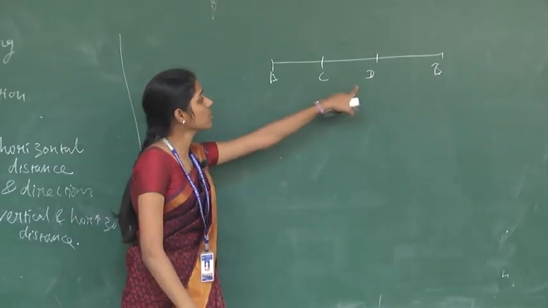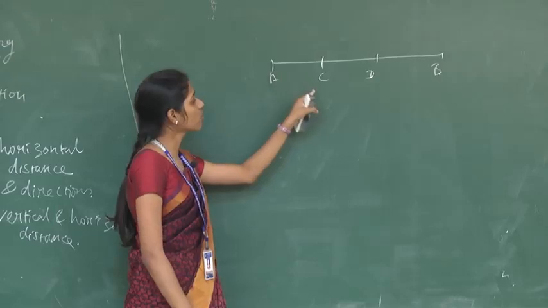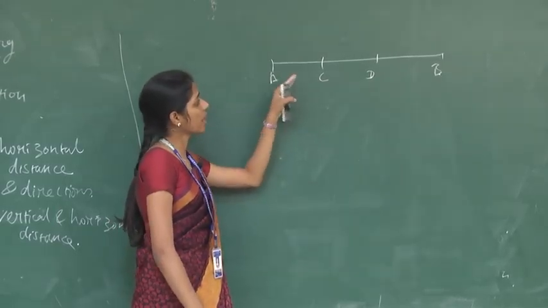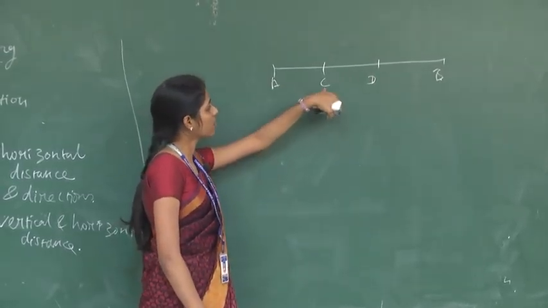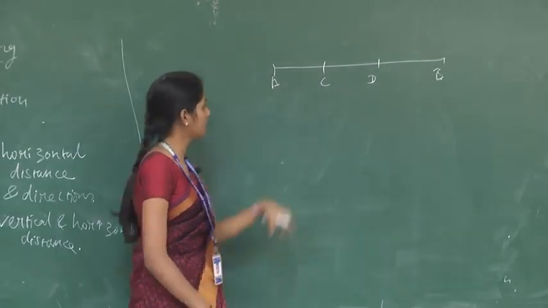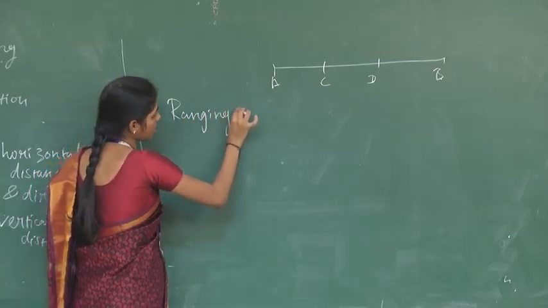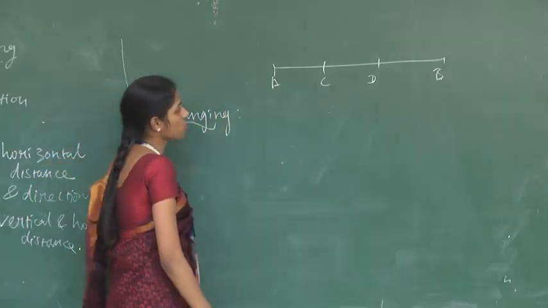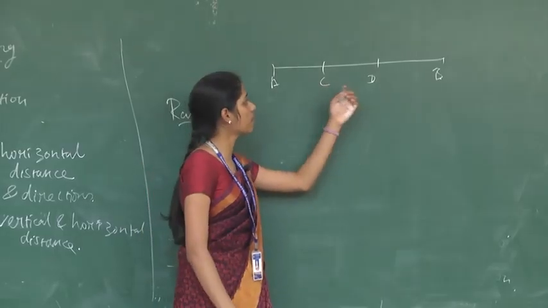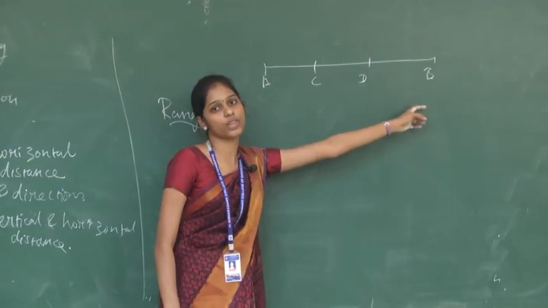But sometimes C and D may not be in the line A and B. In order to avoid that, this process can be followed. That means the points C and D should be in the line A and B. This process is said to be ranging. The process of aligning these intermediate points between these end points in a straight alignment is said to be ranging.